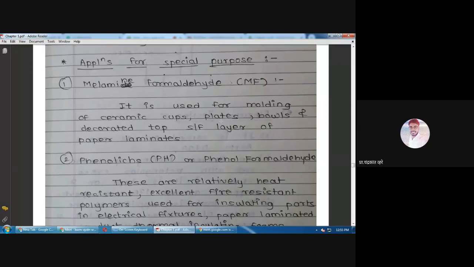Because now, if you see in any industry or in our daily routine, every metal part is going to be replaced by plastic materials, or by a combination of plastic plus metal materials. If you have observed the first Splendor two-wheeler and the two-wheelers we are using now, there is a huge difference in weight and in material also.